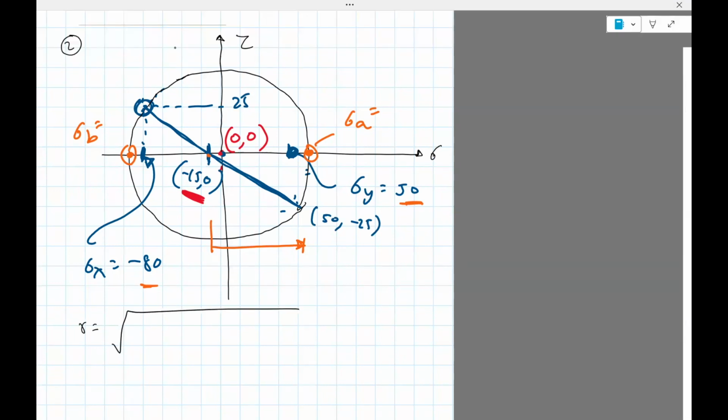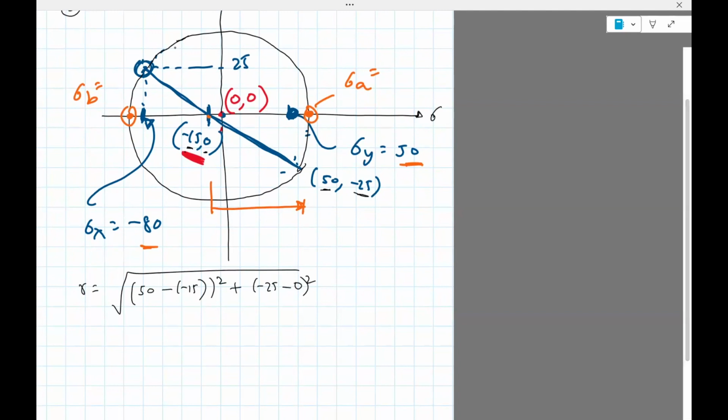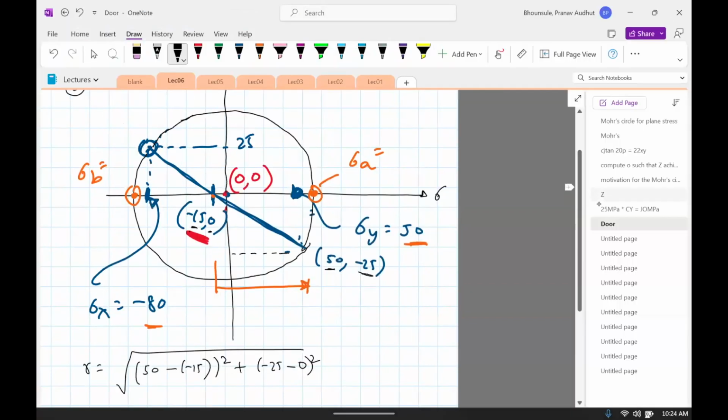So the radius, I can use the Euclidean norm. So 50 minus 15 squared plus minus 25 minus 0 squared. So this is minus 15 squared plus minus 25 minus 0 squared. Let's go back.